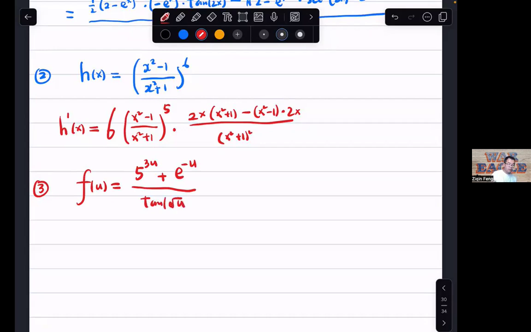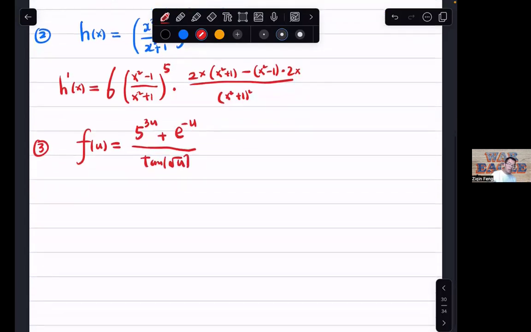So look at this function first. It's a quotient first. Both numerator and denominator contain a combination of functions. Here we need to recall that a to the x prime is a to the x times natural log of a, when a is positive.